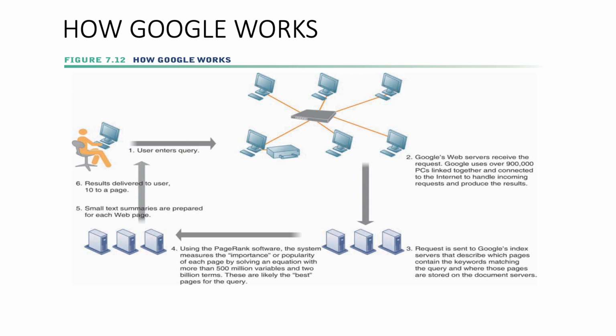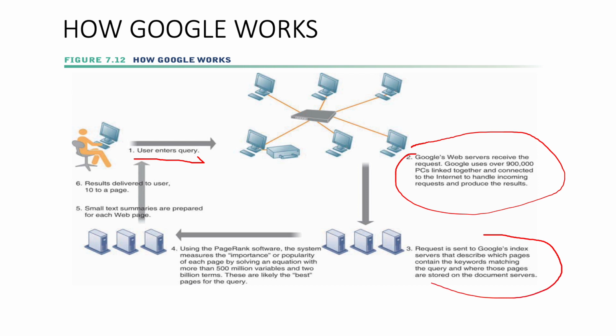Okay. So how Google works? So from the user, number one, user enters query. So from search engine, magta-type siya ano yung question na gusto niyang masagot, and then followed by the next step. So the Google's web servers receive the request or the question, and then the request is sent to Google's index servers that describe which pages contain the keywords matching the query and where those pages are stored in the document server.